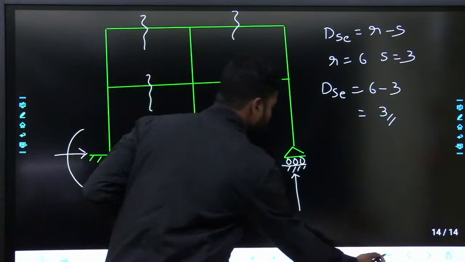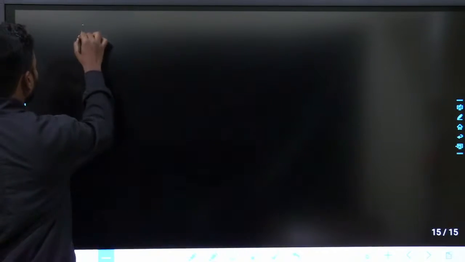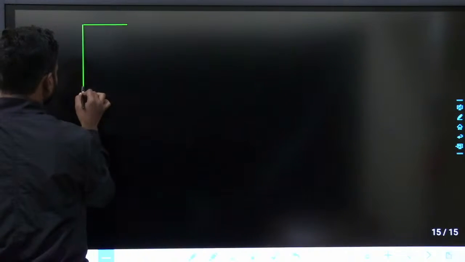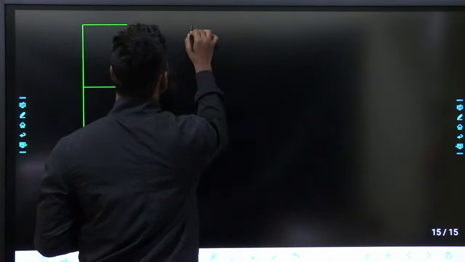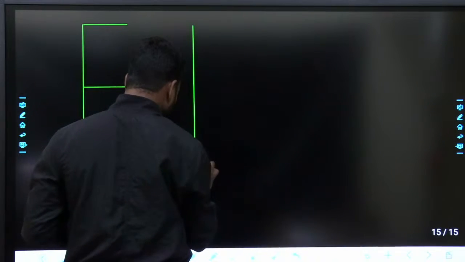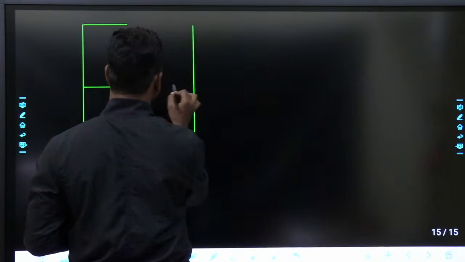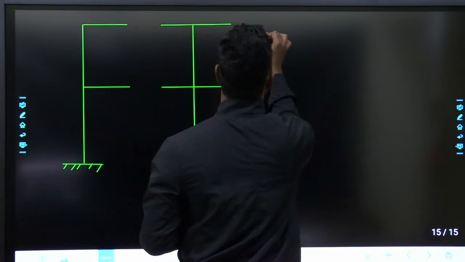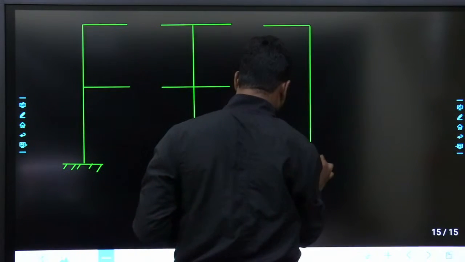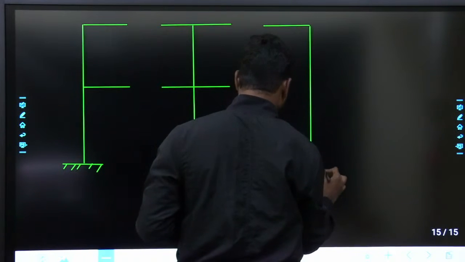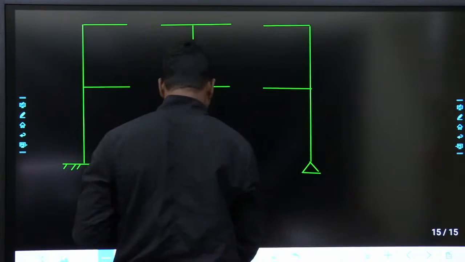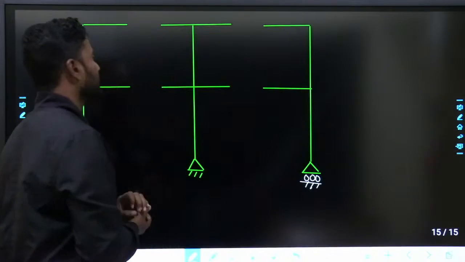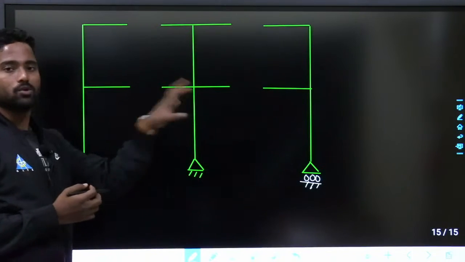After cutting, it looks something like this, and here also, and here also. This is how it looks after cutting.